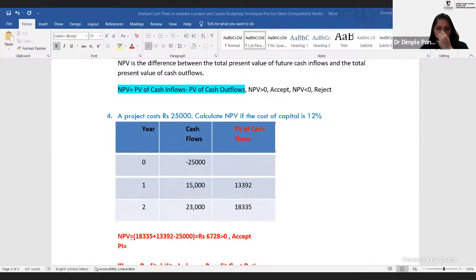Payback period, smaller the better. Discounted payback period, what's your thought on that? Bigger the better or smaller the better? Smaller the better.